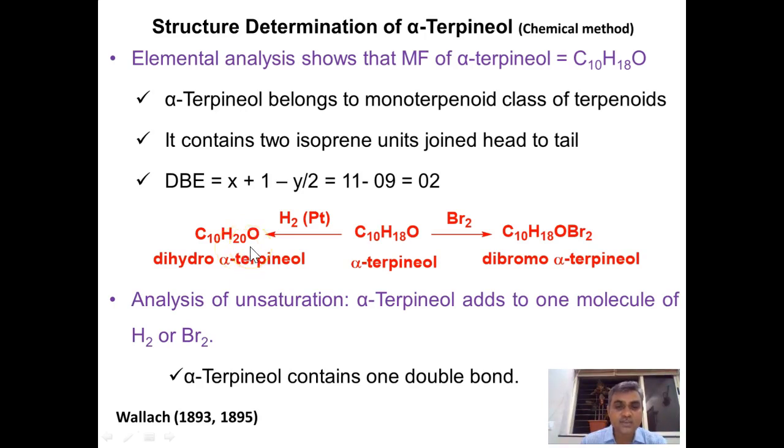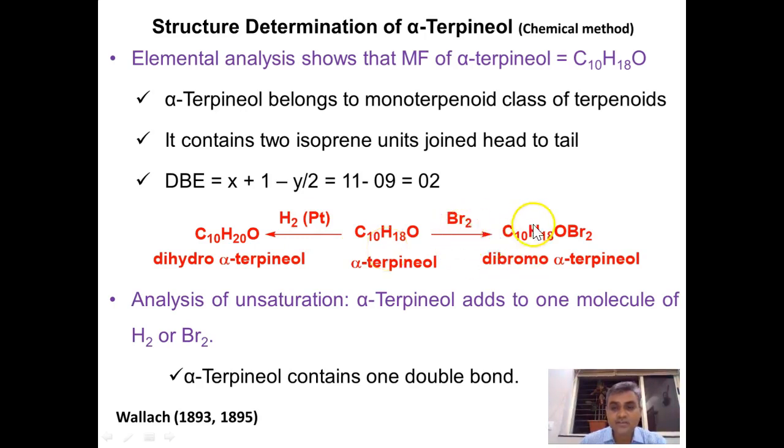If you do a simple chemical arithmetic, subtracting the molecular formula of alpha terpineol from the hydrogenation product, it is observed that alpha terpineol has consumed only one equivalent of hydrogen molecule.